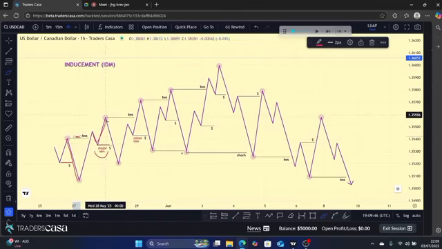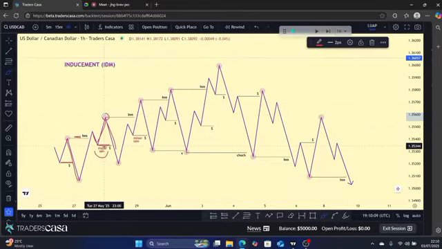Then if price now reverses and takes out this major inducement, I am not interested in how much further price retraces before reversing. I'm only interested in the fact that price has taken out that major inducement. I am already confirming this one here to be a break of structure.